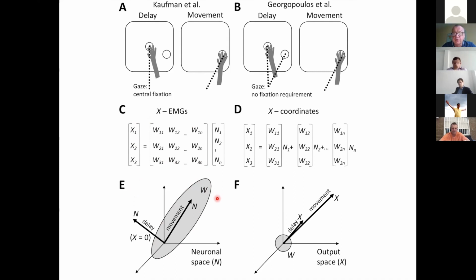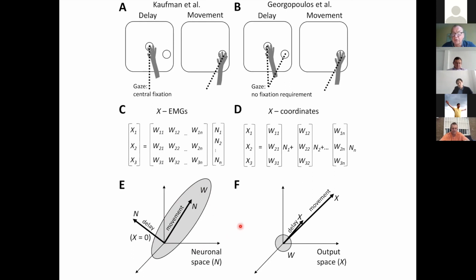So basically, neuronal responses for movement are confined to some subspace in neuronal space. But if you look at neuronal responses during the delay, then this activity is rotated 90 degrees from the movement-related responses.